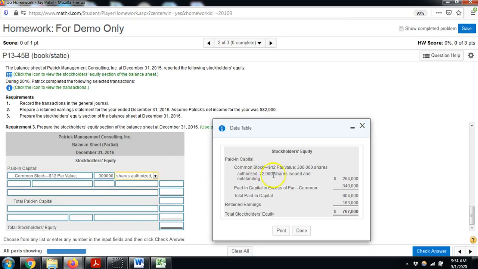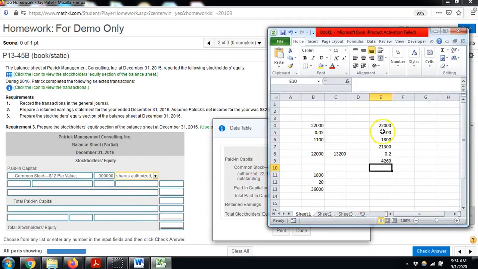Okay, so now this has changed. The issued and outstanding shares have changed. So issued is basically, we had the original 22,000 and then we issued 1,100 more with our stock dividend. So 23,100.